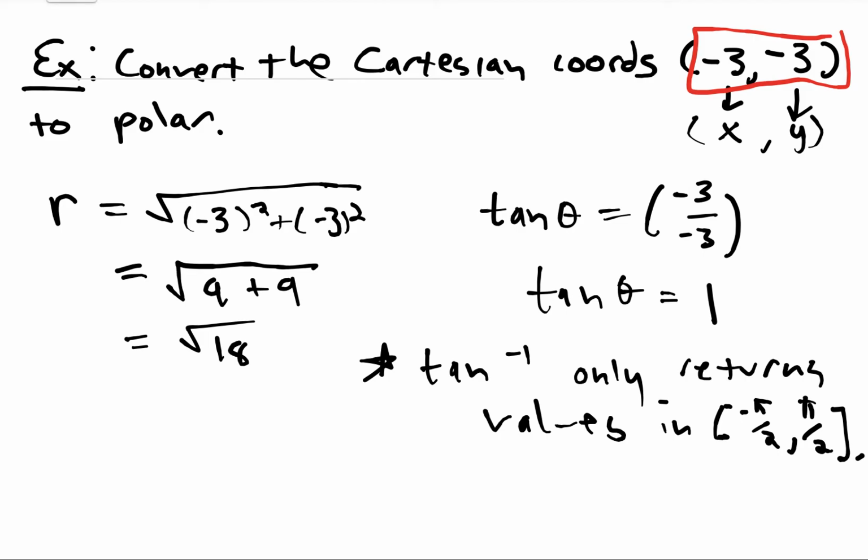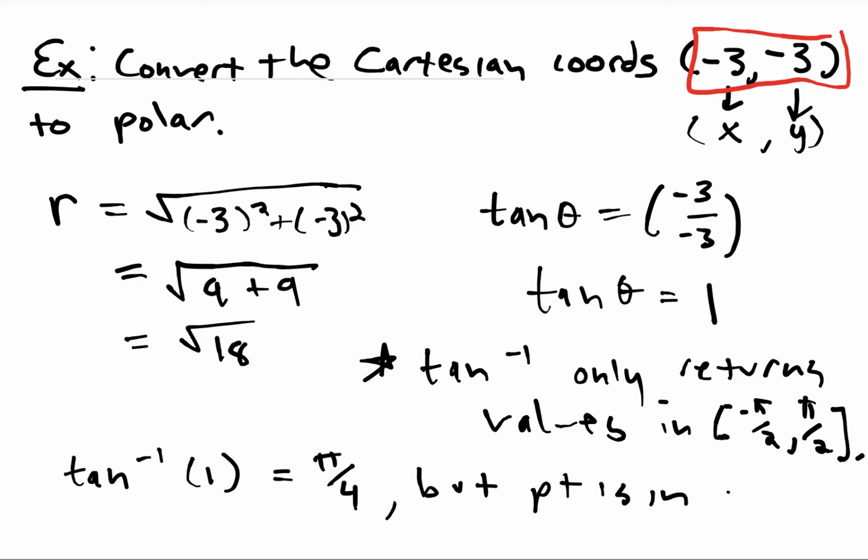So the point that I want to make here is think about your quadrants, right? If you expect that your tangent inverse of 1 is the angle that gives you that is 45 degrees or pi over 4, keep your quadrant in mind, right? My point is in this quadrant 3.